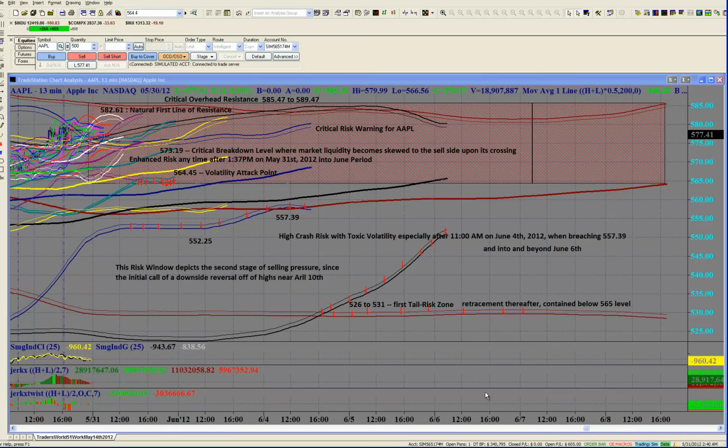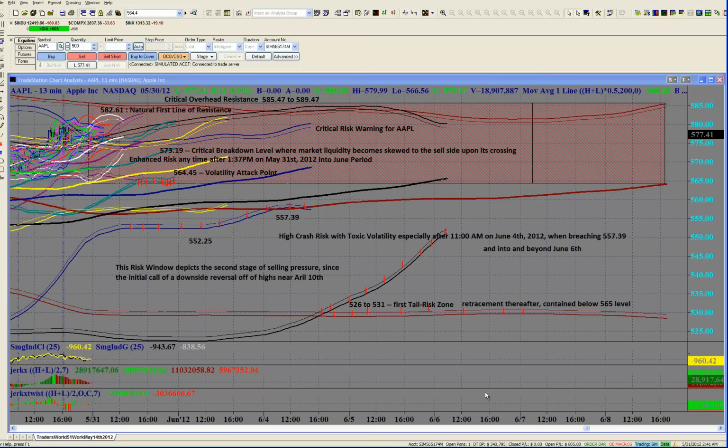Well, now we're getting our natural retracement in the downtrend, and we are now revisiting some very similar market setups that were in place just prior to the main reversal that occurred off of the near $640 high.